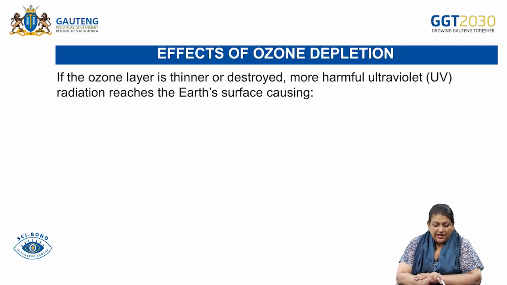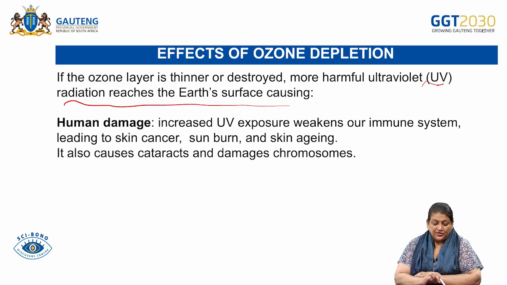Because it's thinning or destroyed, more UV light reaches the Earth's surface, and increased UV exposure weakens our immune system. So more and more people get sick. The immunity drops. It also causes cataracts and damages chromosomes. And when it damages chromosomes, it results in cancer.